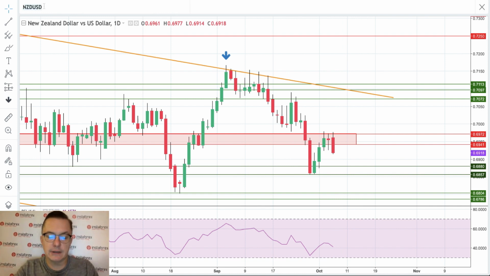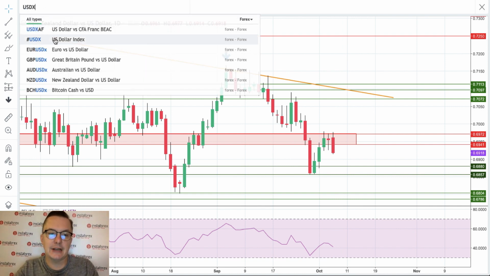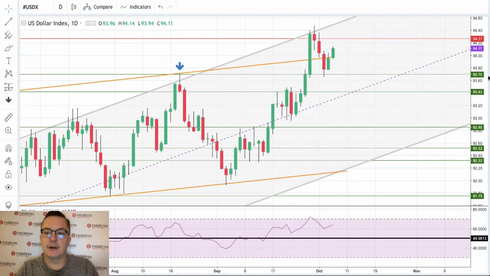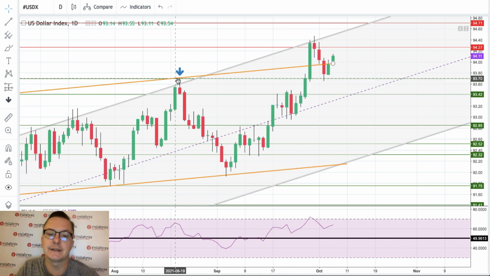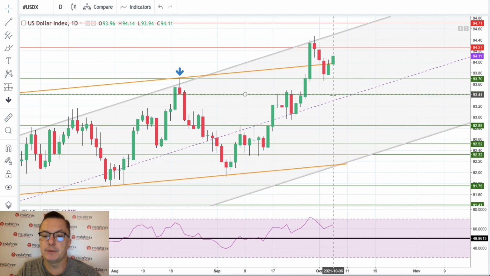Let's take a look whether the US dollar index is actually reversing as well. Nope, nothing like this here. What we have here is a test of the recent high, which was at the level of 93.70. The test was positive, which means that we bounced yesterday and we are continuing the bounce higher.